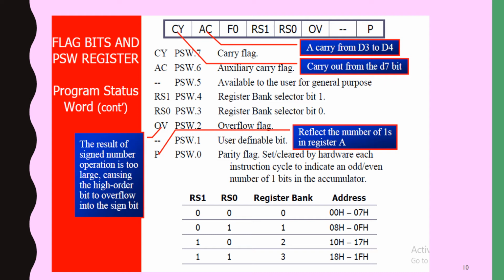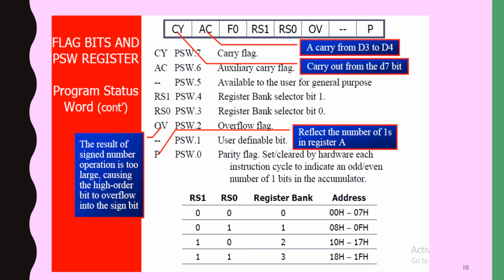PSW.0 is the parity flag, set or cleared by hardware each instruction cycle to indicate an even or odd number of ones in the accumulator. So it is associated with the parity. If the result of a signed number operation is too large, causing the high order bit to overflow into the sign bit, at that time the overflow flag is set.